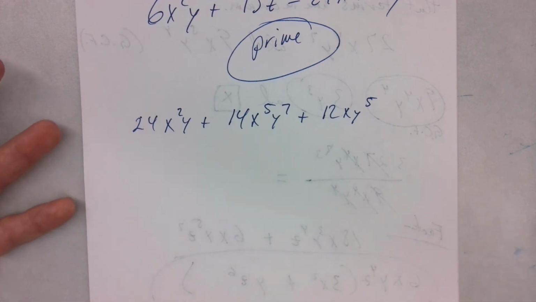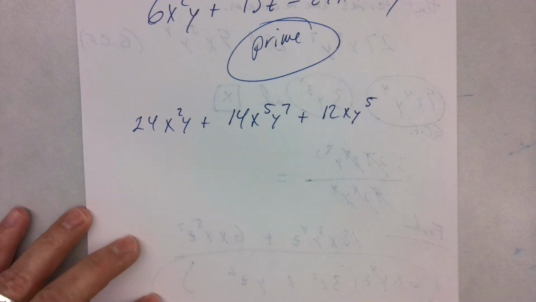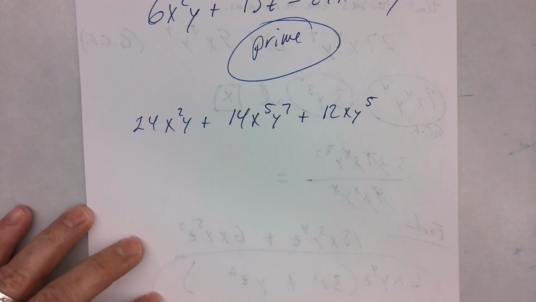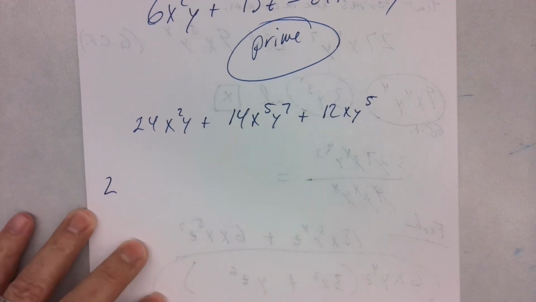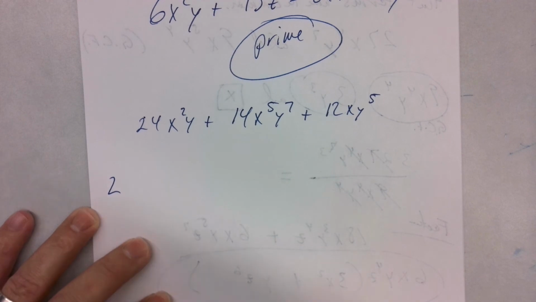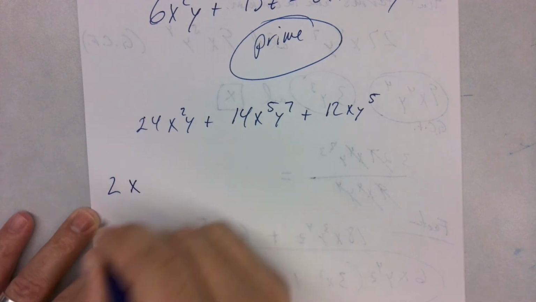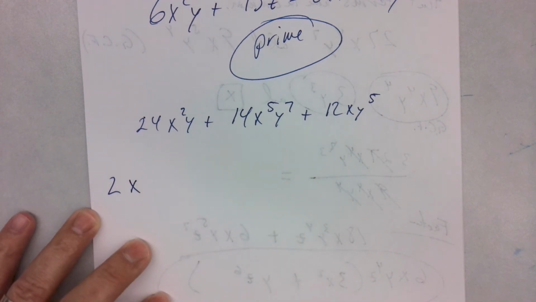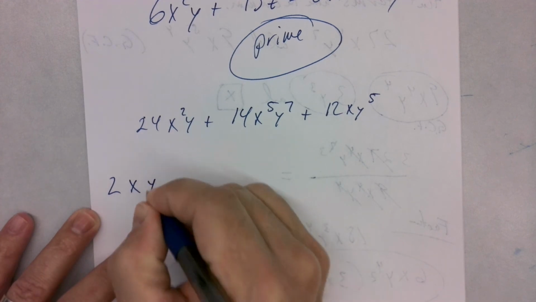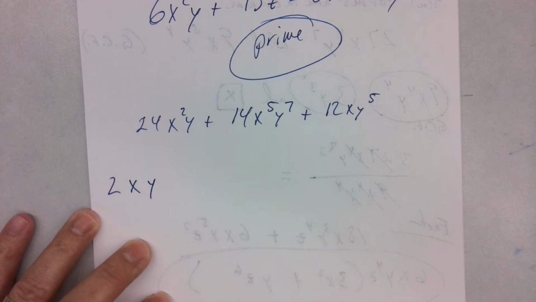So, what do we have? We do have numbers, but we also have letters. So 2 is my number for my GCF. Yes. Okay, what else? Just 2xy? Why isn't it x squared?